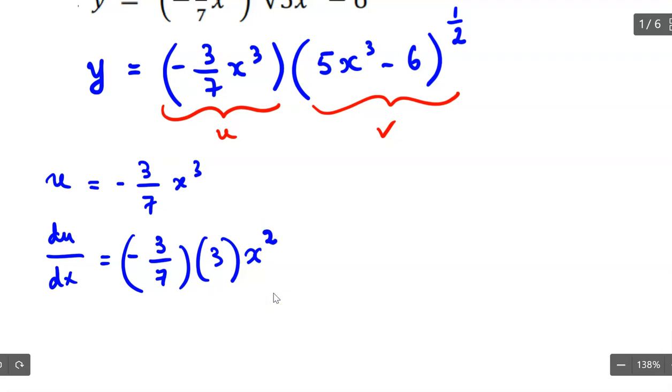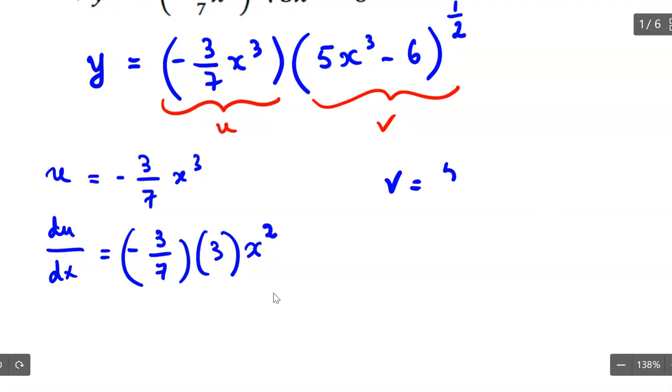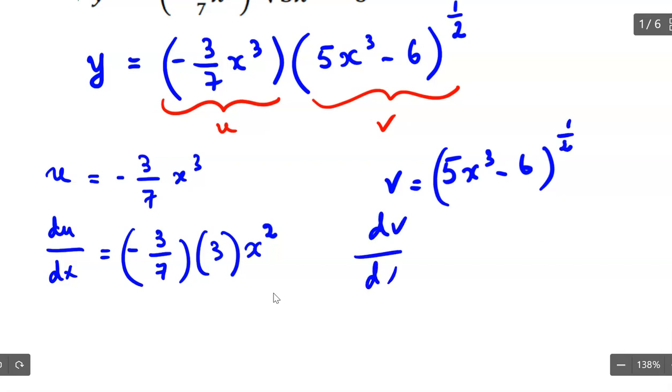So the next step is to identify v. So v equals 5x cubed minus 6, all of it to the exponent a half. Okay, now the derivative of v as a function of x. We are going to apply the chain rule for this because you raise a function to an exponent. The first thing you need to do is take this exponent and multiply by the coefficient in front of the bracket.